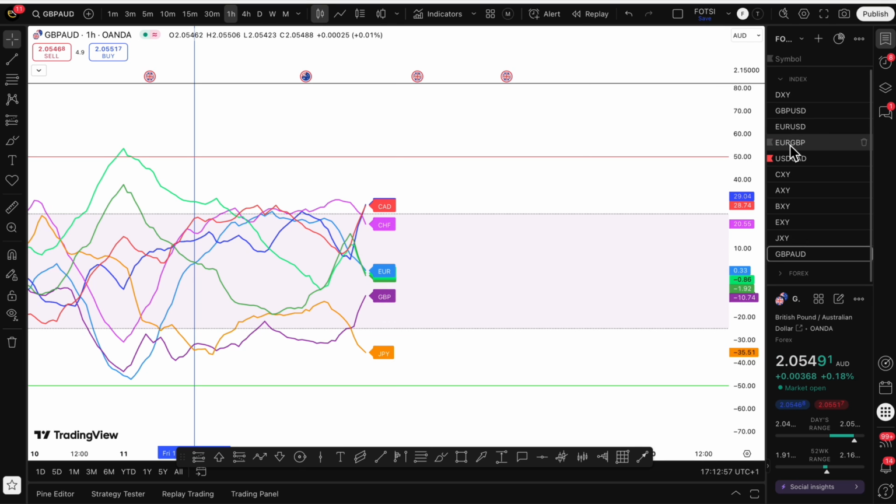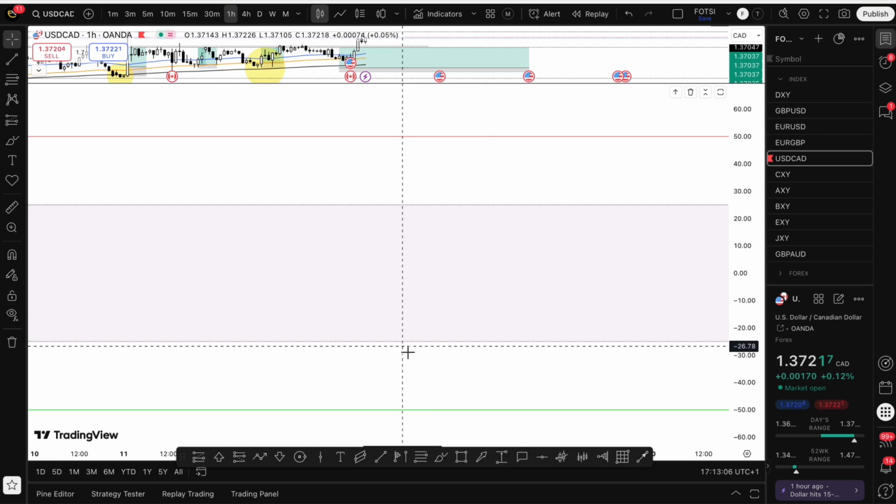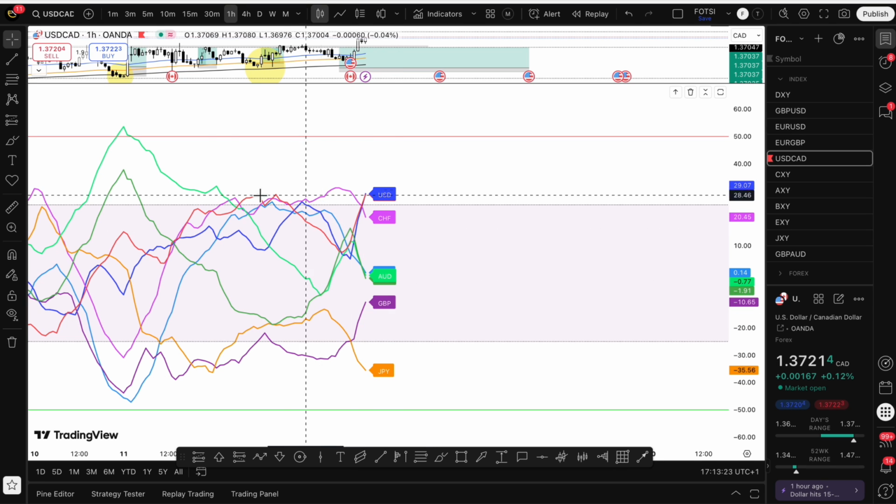If I switch to Euro GBP, I can still see the strength of JPY. If I switch to USD CAD, I can still see the strength of JPY. This indicator is beautiful because it shows you, no matter what screen you're on, the strength of each currency index, and that is a true mover of the market.